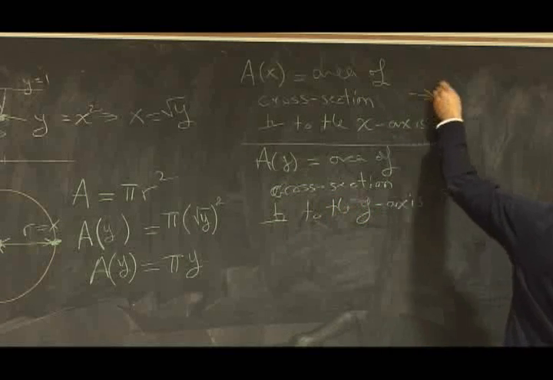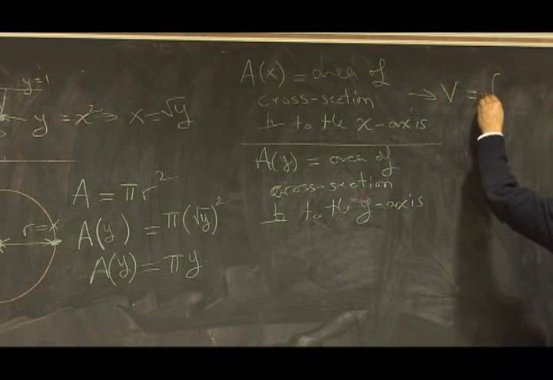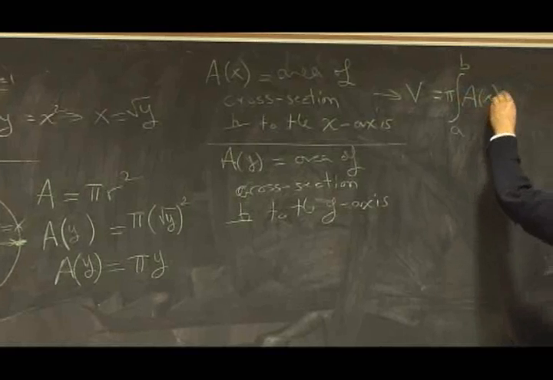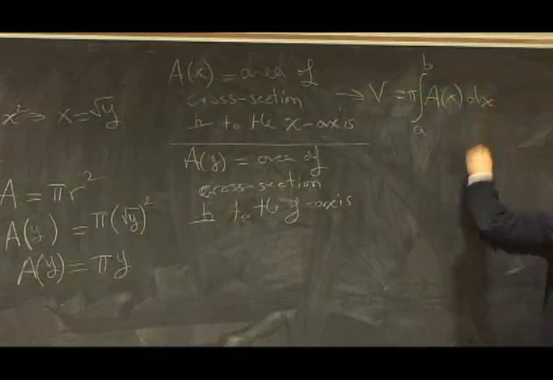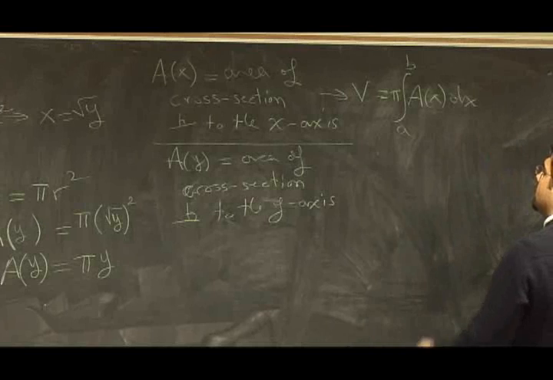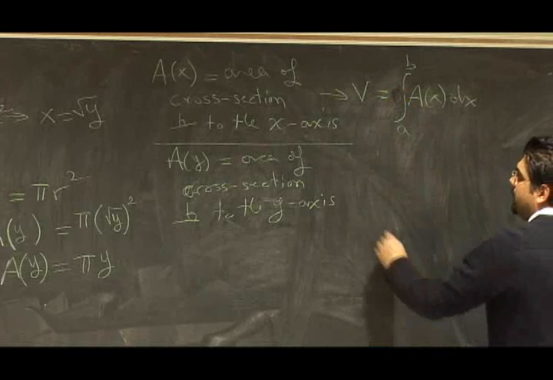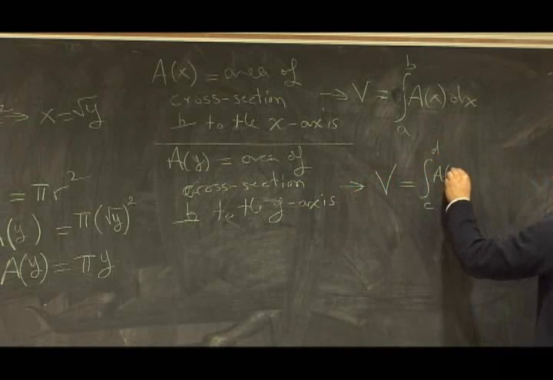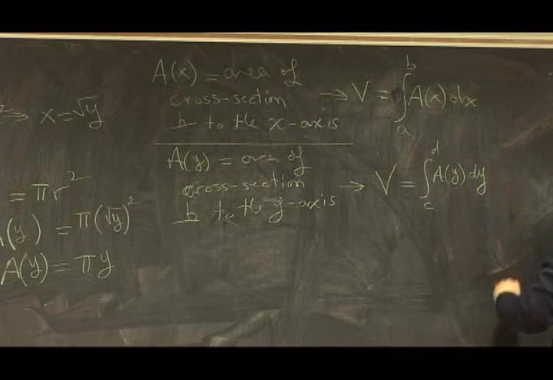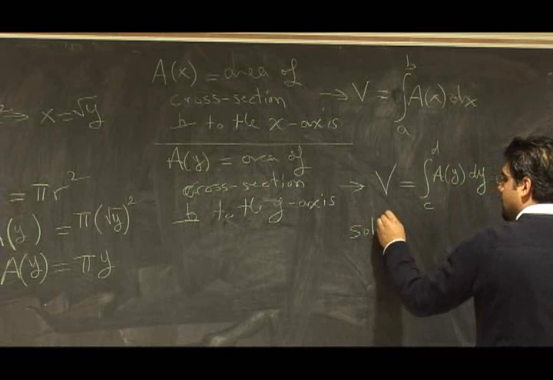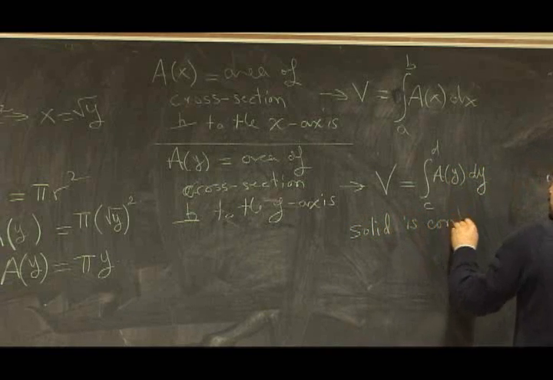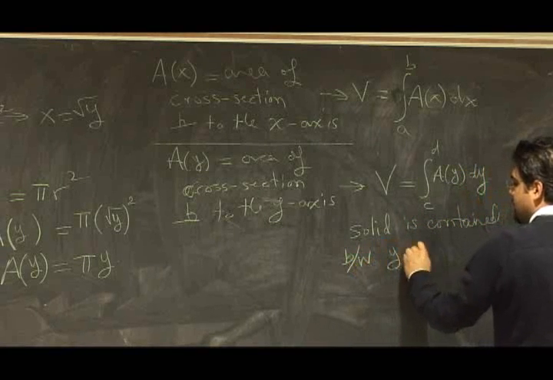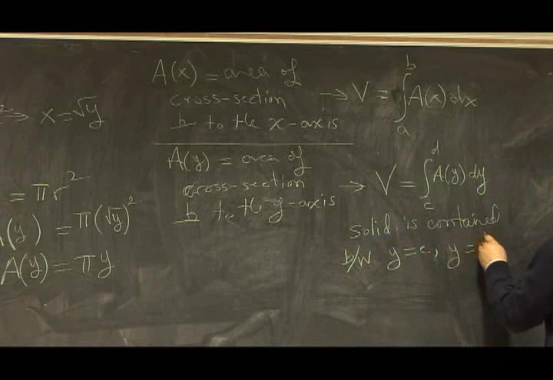So in this case, the volume was the integral from a to b of A of x dx. In this case, this is the integral from c to d of A of y dy, where the solid is contained between y equals c and y equals d.